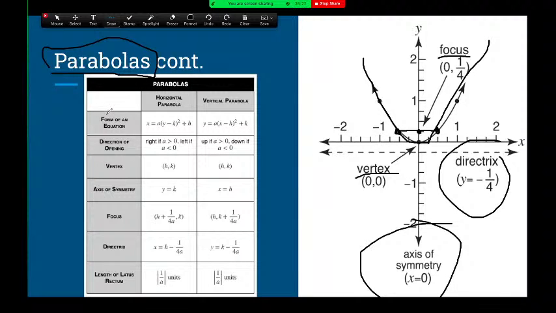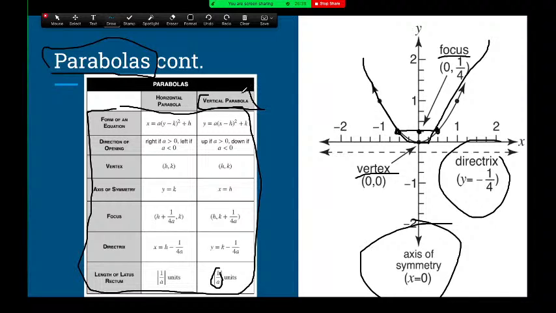Here are all the equations, or formulas, whatever you want to call them, to get each of these properties. The length of the latus rectum is 1/8, and you want to be looking at this because this is the vertical parabola, which is what most parabolas are. They go up or down, like this one.